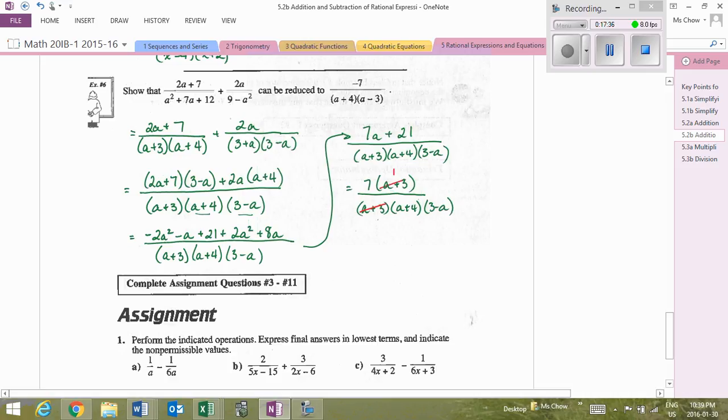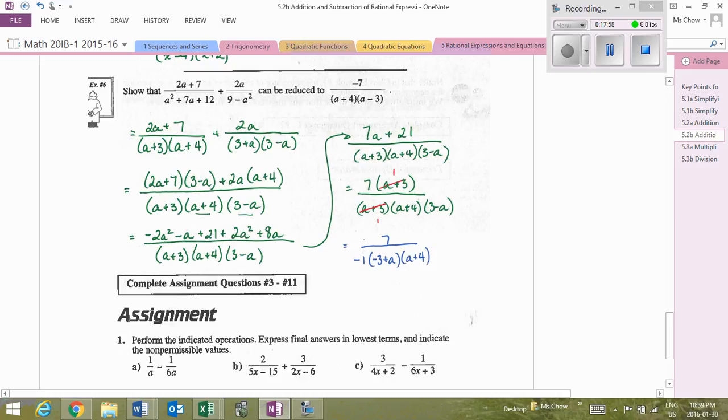So that's just 1 over 1 here, and then if I factor out a negative 1 from this, then we're essentially left with 7 over, and I'll put that as negative 1, and then we'll make that negative 3 plus a, and a plus 4.